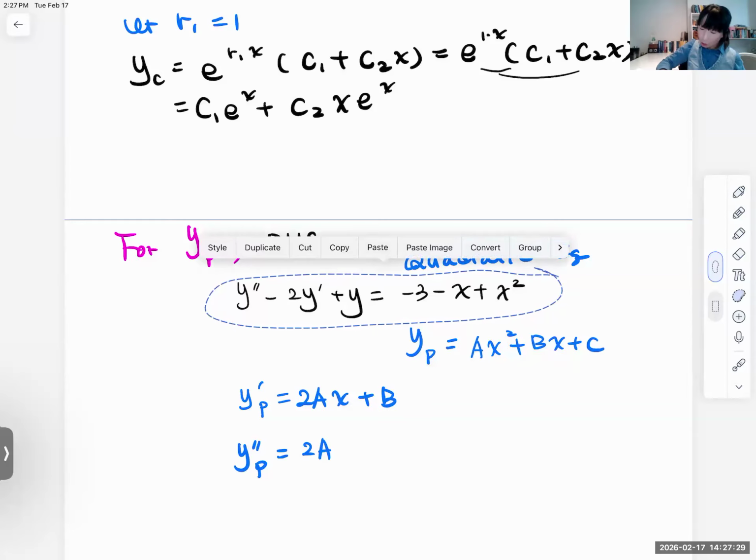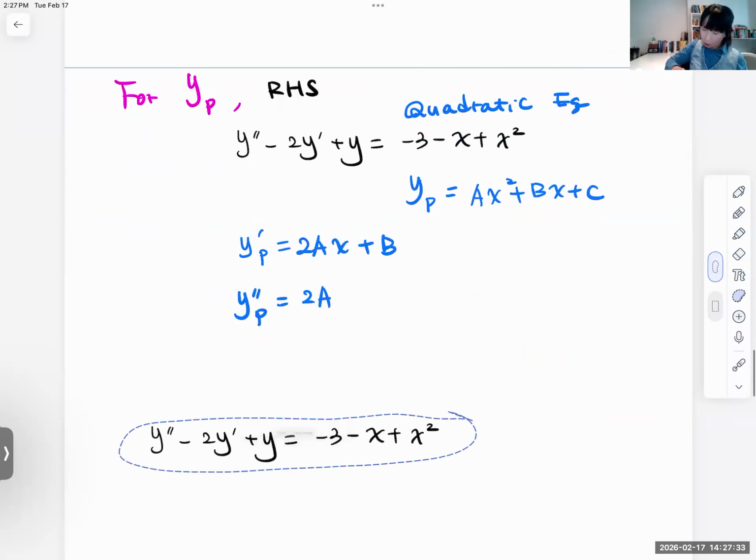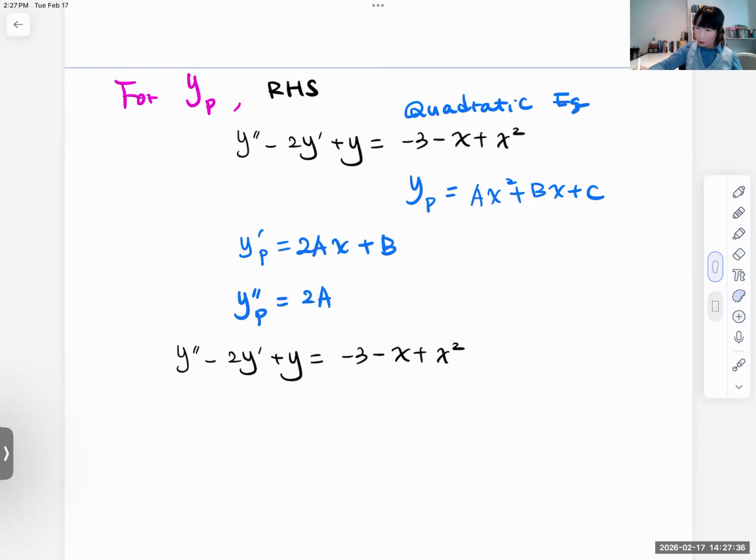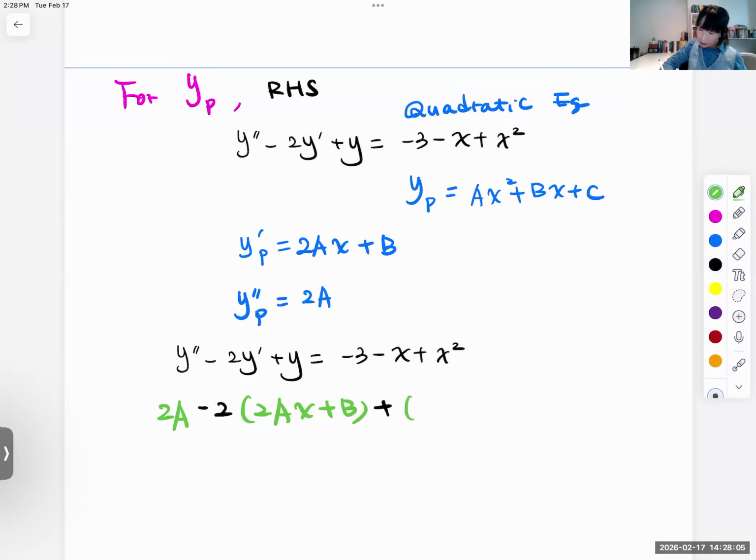Now let me bring the equation here, and we substitute y second prime, y prime, and y. We have y second prime, which is 2a, minus 2y prime, which is 2ax plus b, plus y, which is ax squared plus bx plus c, equal to negative 3 minus x plus x squared.